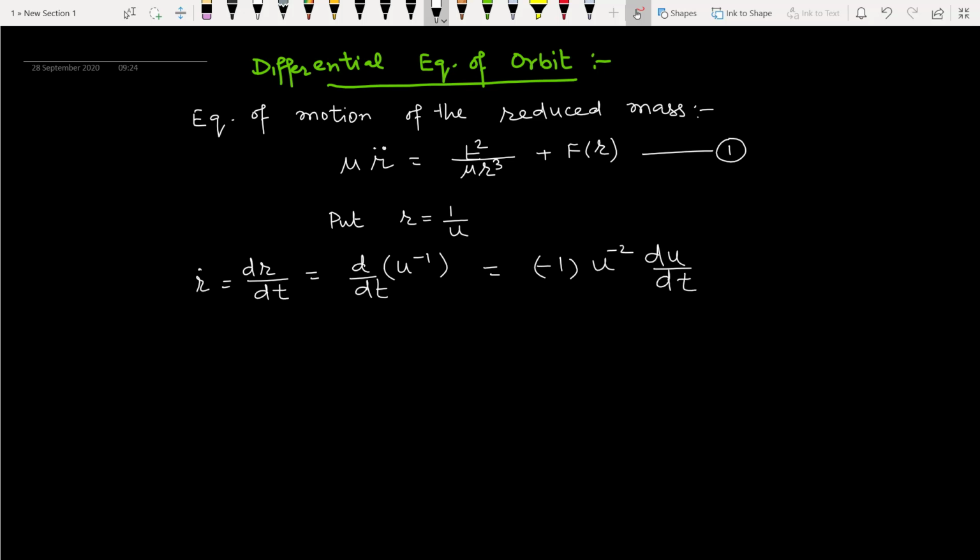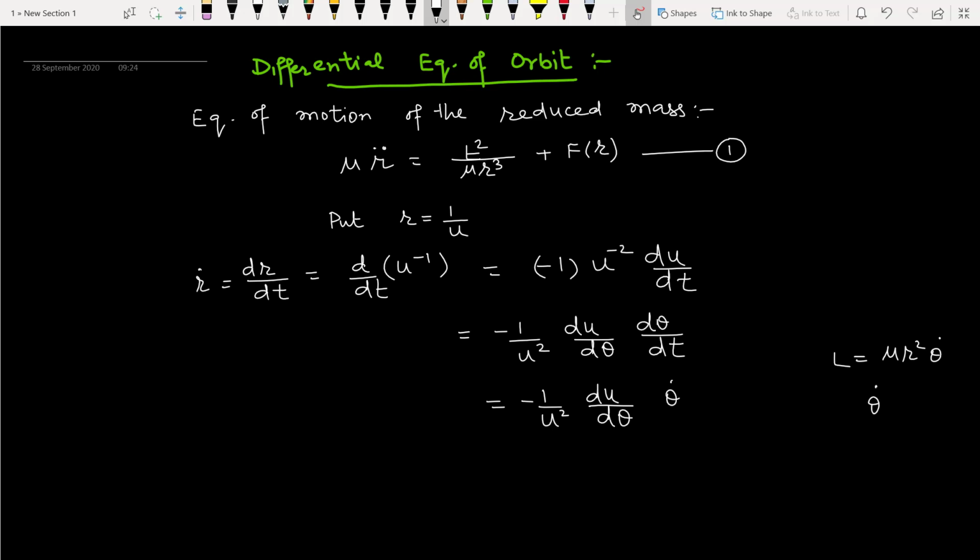So it is minus 1 over u square du by d theta by dt. Here we multiply and divide by d theta, so it can be written with theta dot. As we know, L is equal to mu r square theta dot, so theta dot comes out to be L upon mu r square.